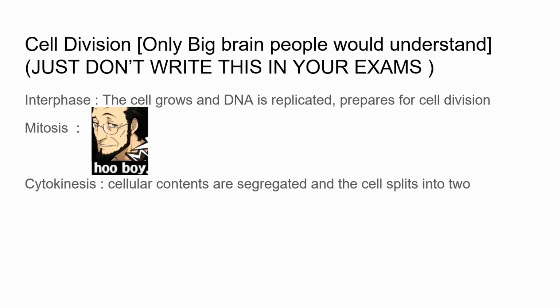So now we cover cell division. This is a really complicated procedure which most of you might not understand. It took me a while to understand at first. It's really complicated, so I'm just going to simplify it to the max.